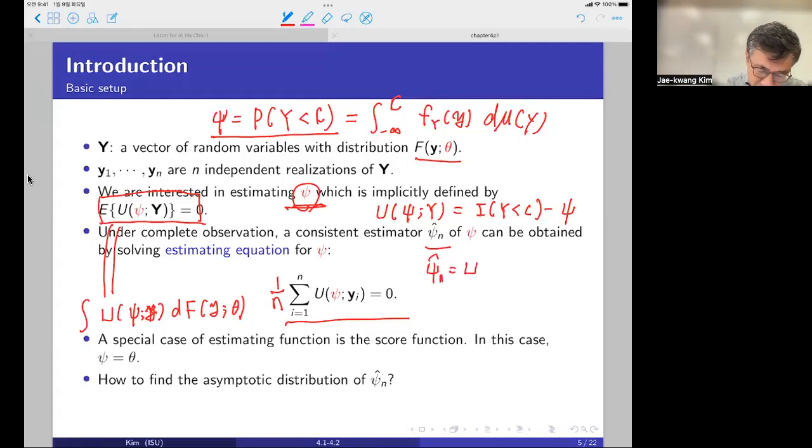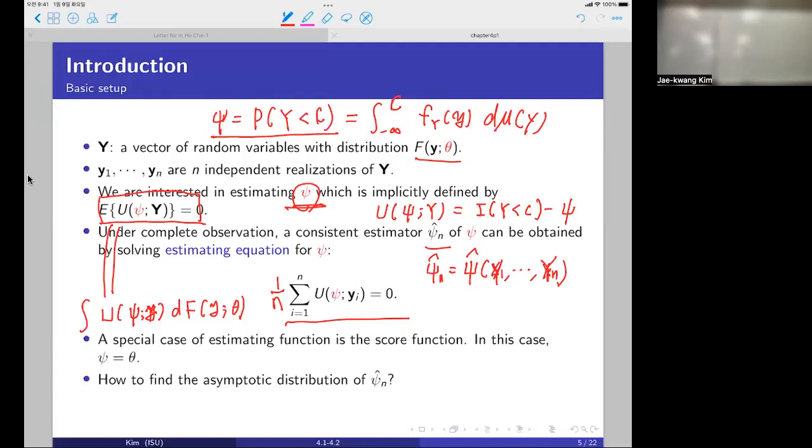It is a function of y1 to yn, a function of n random variables. So this function could be nonlinear.